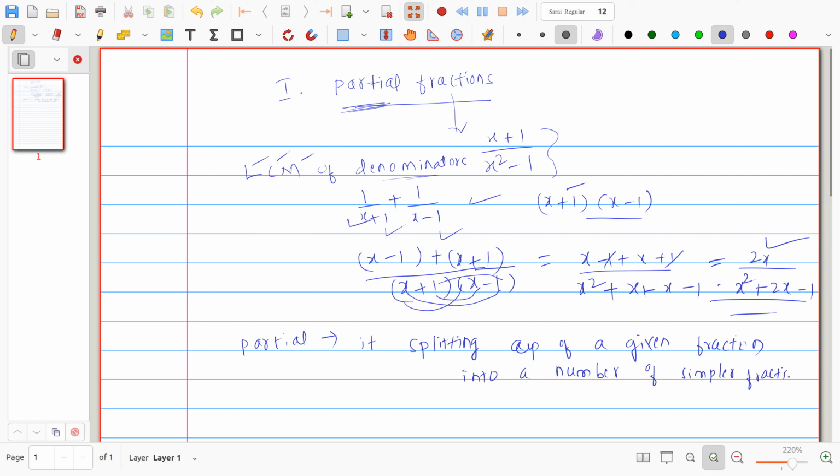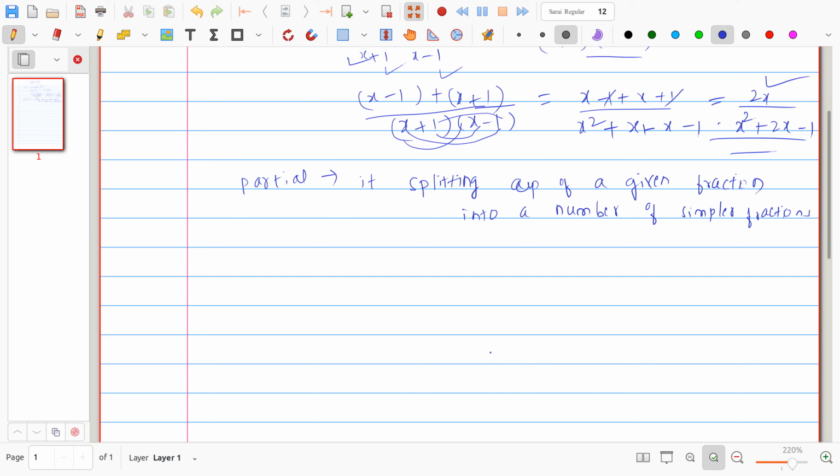By the partial fraction concept, the given fraction will be resolved into simpler fractions, much simpler than the LCM method. We will understand this better when we solve problems.